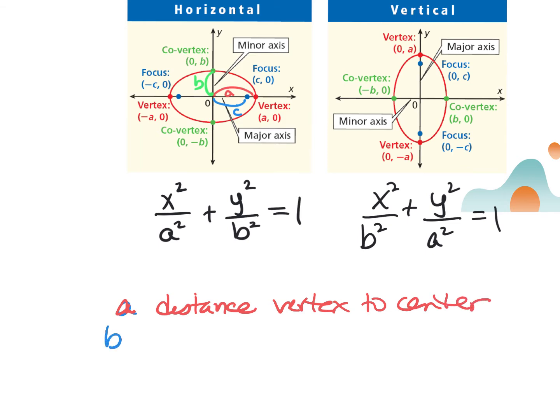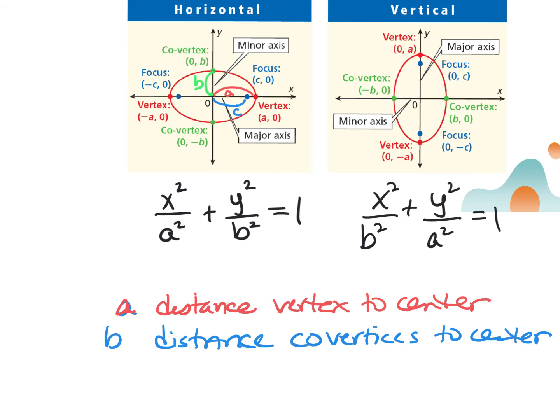B is going to be the distance from the co-vertices to the center. And then the C value is the distance from the foci to the center.